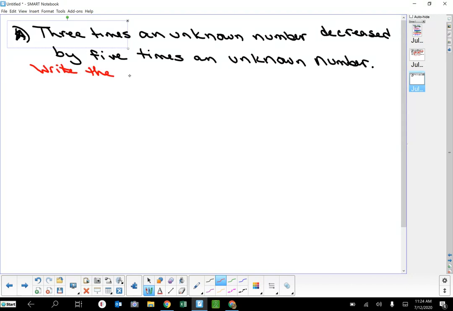Write the algebraic expression and simplify.